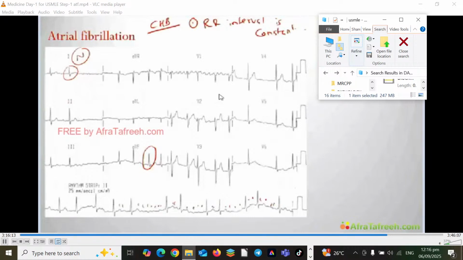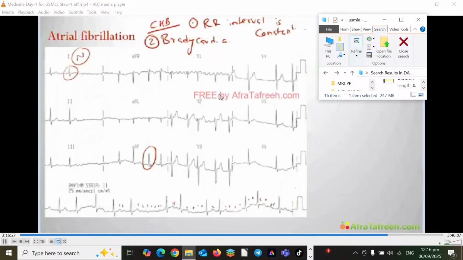And secondly, you expect bradycardia. So on the basis of these two, in an exam, you can go fast forward and say that this is not complete heart block, which a lot of you were confused about.